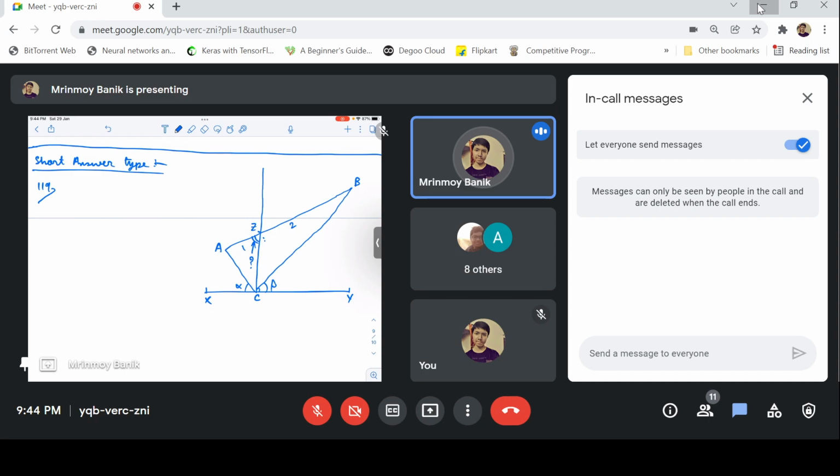Yes. Then Z is a centroid. Sorry, I extended it too much. How to undo? So I've extended CA to a point A bar, so that CA is equal to A bar.